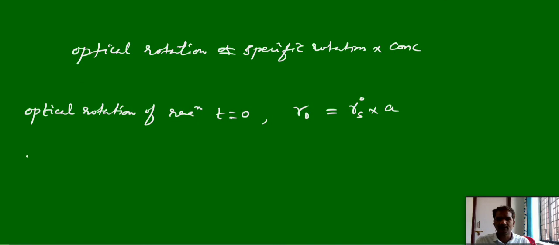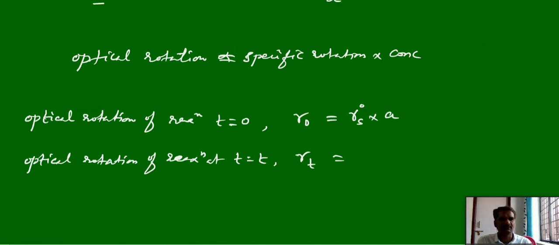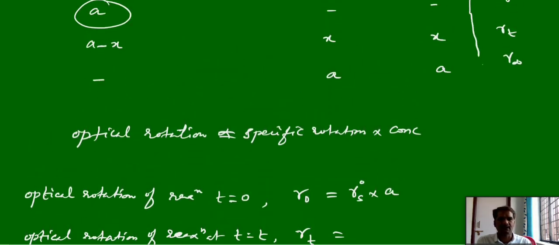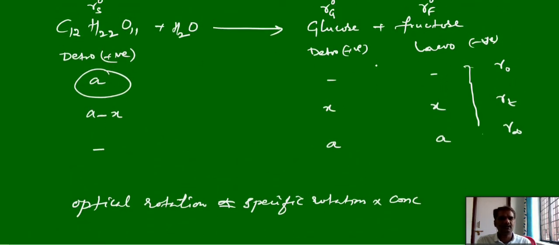Next, optical rotation of the reaction at a time t equal to t, you will get a specific optical rotation RT, again specific rotation into concentration. After some time t, what is there? We have sucrose, glucose, and fructose.